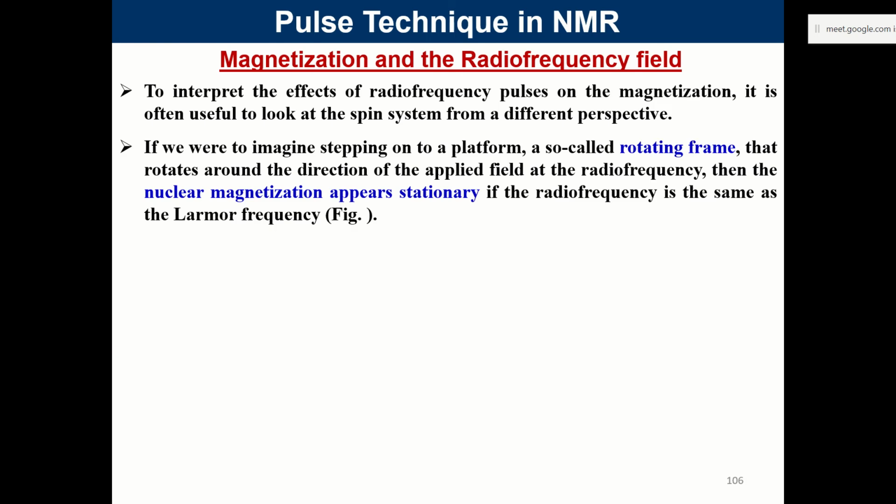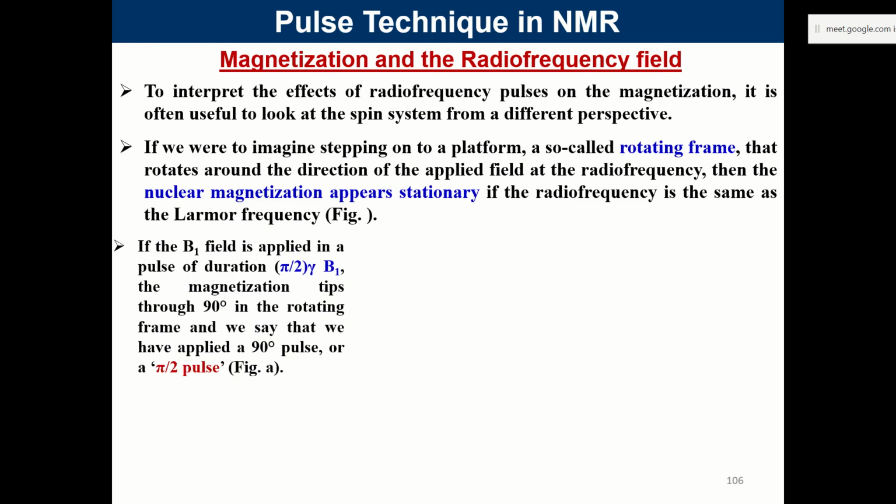In a similar fashion, you can understand that if we write pi by 2 gamma B1, that means it is not completing its rotation. It is only moving by 90 degrees, whereas one complete rotation means going by 360 degrees. Here we are talking about this second precessional frequency. B1 is the magnetic field vector of the radio wave.